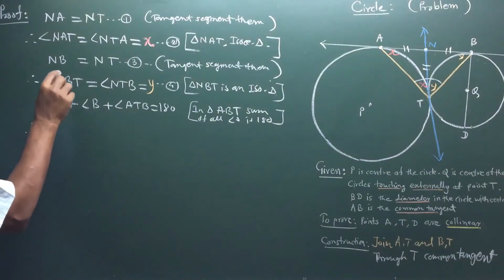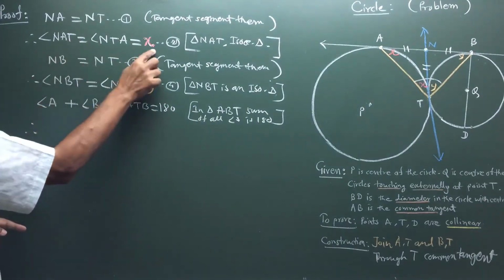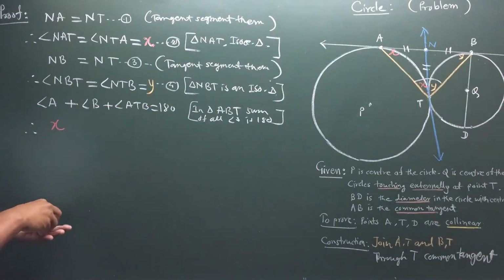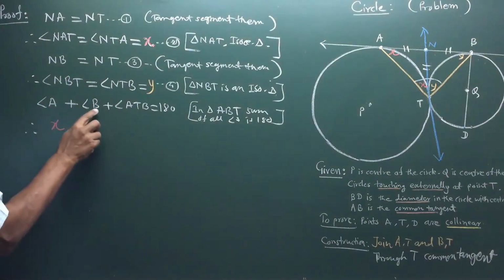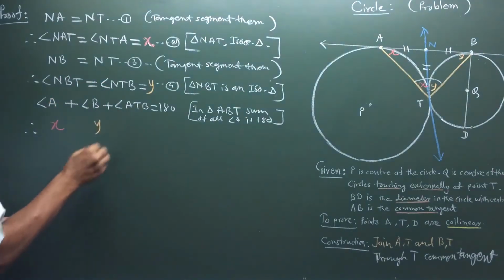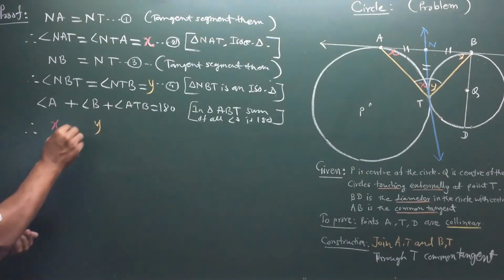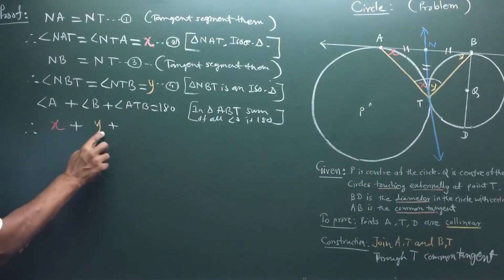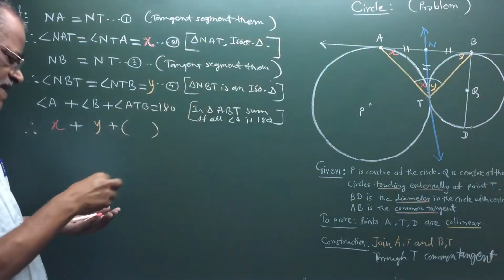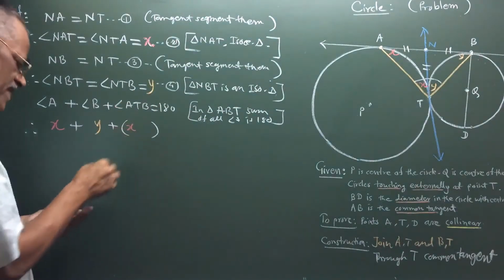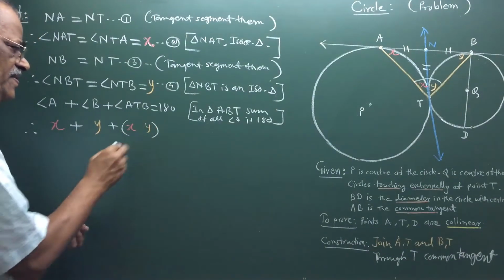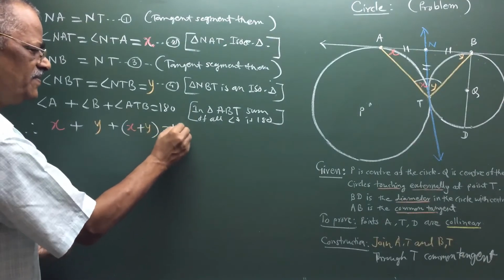Now you can substitute the value of NAT. NAT is X. You can use X here. What about angle B? It is NBT, so it is Y. So we can add angle X, angle Y, and the measure of angle ATB is definitely X plus Y. The total is 180.